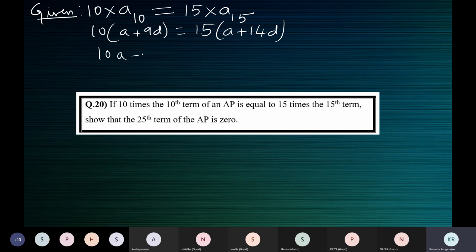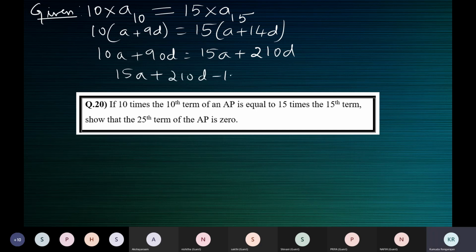So we get 10a plus 90d is equal to 15a plus 210d. And on transposing, we get 15a plus 210d minus 10a minus 90d is equal to 0. 15a minus 10a is 5a. 210d minus 90d is 120d.